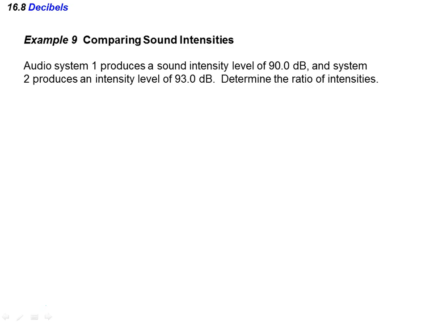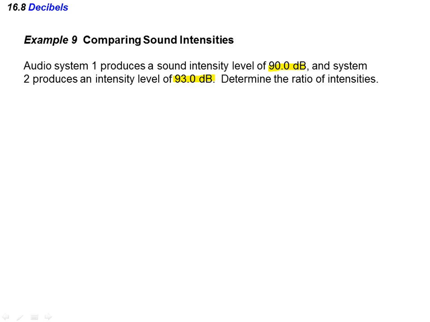Let's take a look at an example of comparing sound intensities. We have an audio system 1 that produces a sound intensity level of 90 decibels. So this is intensity level, talking on the decibel scale. And we have system 2 that produces an intensity level of 93 decibels. We want to determine the ratio of the intensities. You might think, oh, that's just 3 more decibels.